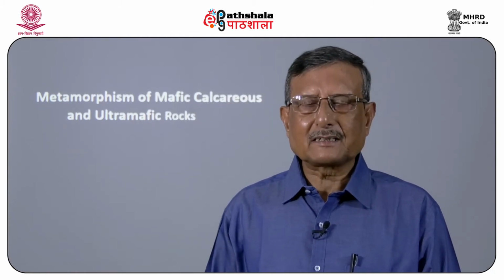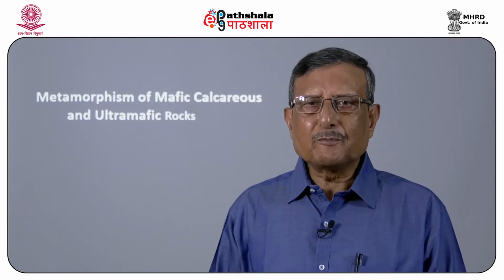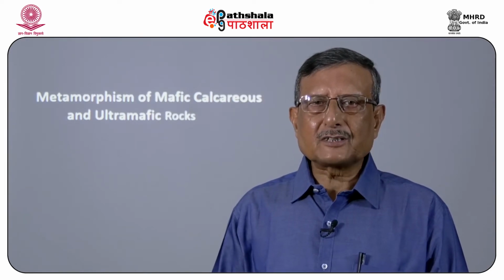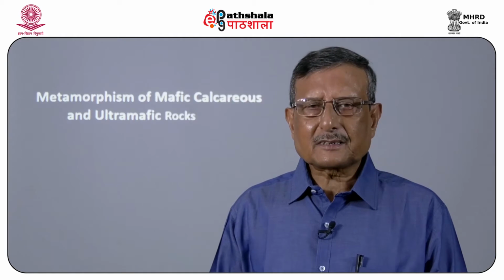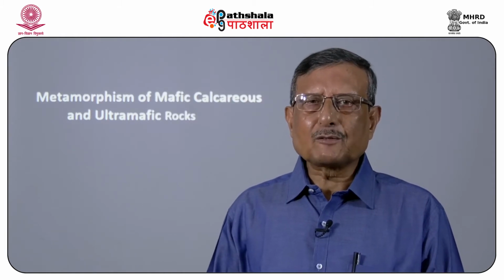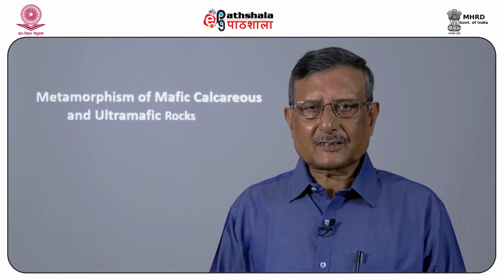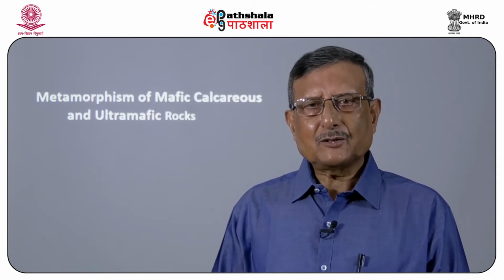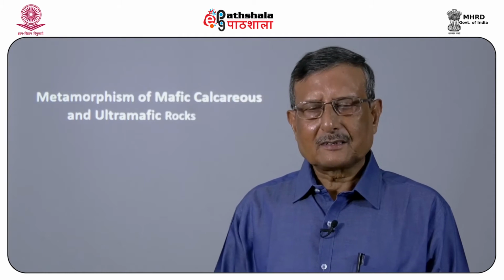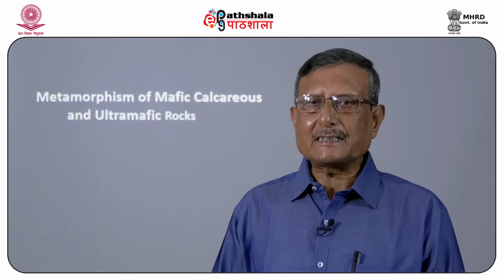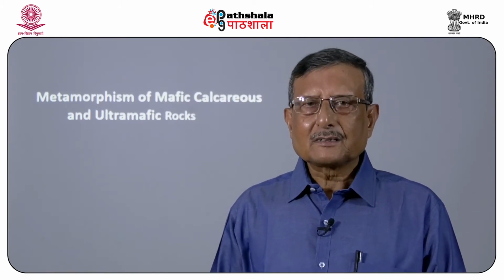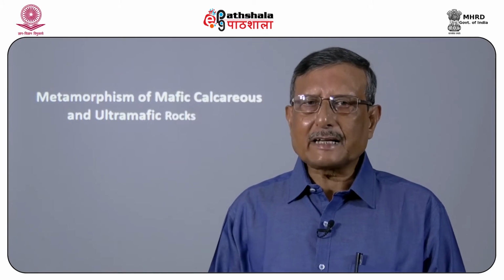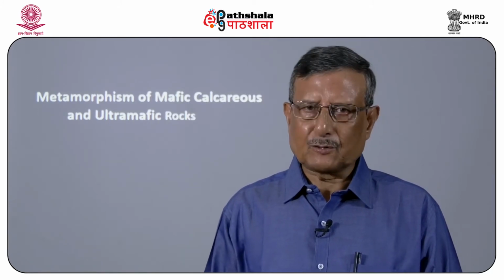Here what happens is that two important mineral changes occur. First is that amphibole becomes aluminous, and at a slightly higher temperature plagioclase becomes calcic. Now, what is the source of this calcium and aluminum? The source is possibly lying with chlorite and epidote.